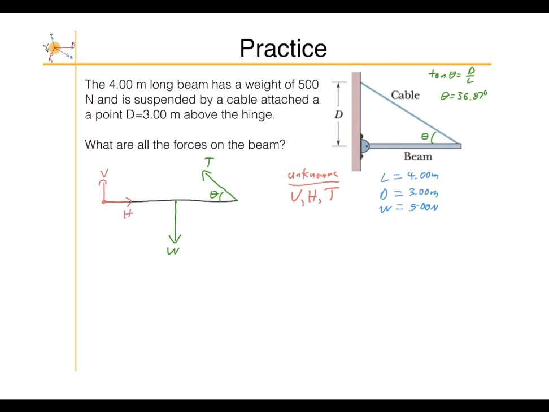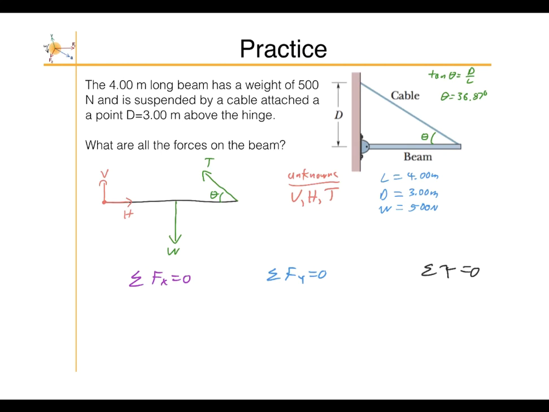So we're going to need 3 equations for that. We're going to do the sum of the forces in the x direction equals 0, the sum of the forces in the y direction equals 0, and also the sum of the torques equals 0. For the torques, where you pick your pivot point can help you a lot.